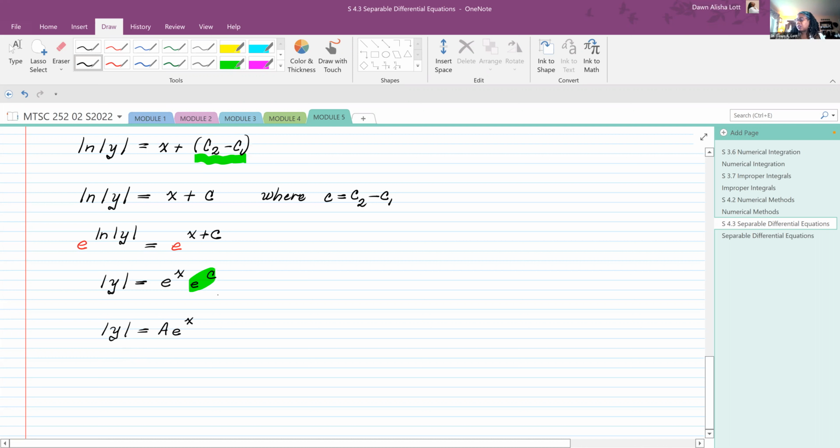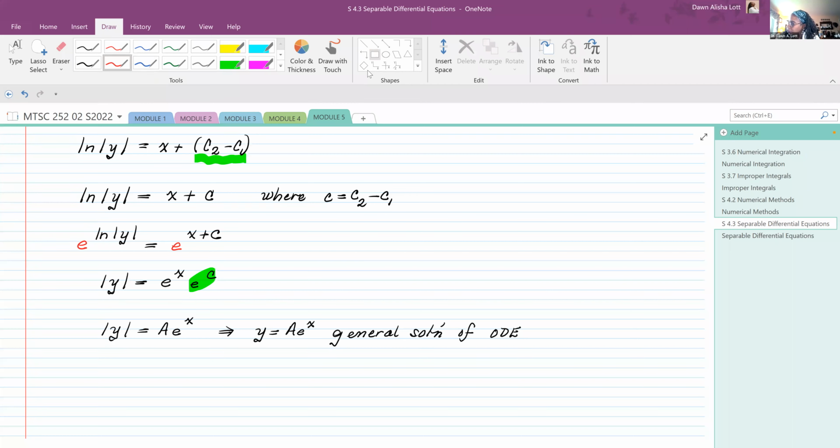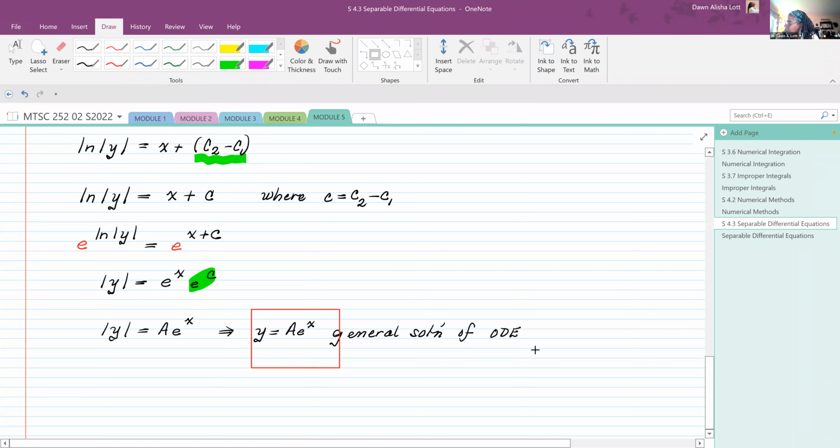And if a is positive, it will make y positive. So we're going to get y is equal to a e to the x. And this is the general solution of the ODE. So that's the general solution.